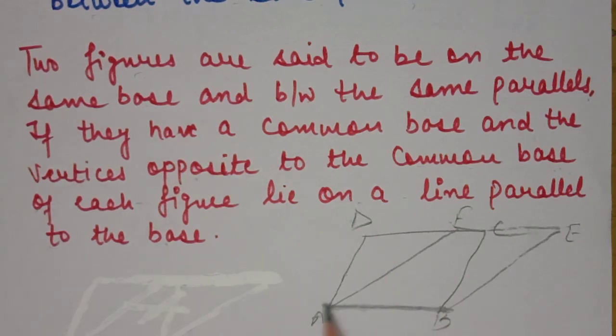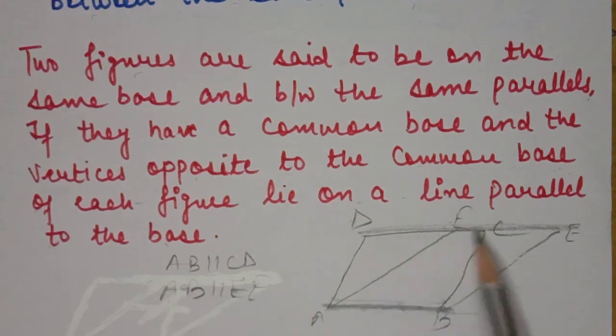They both lie between two parallel lines. How is it possible? We know very well that opposite sides of a parallelogram are parallel to each other. AB is parallel to CD as well as AB is parallel to EF. So definitely AB is parallel to DE.